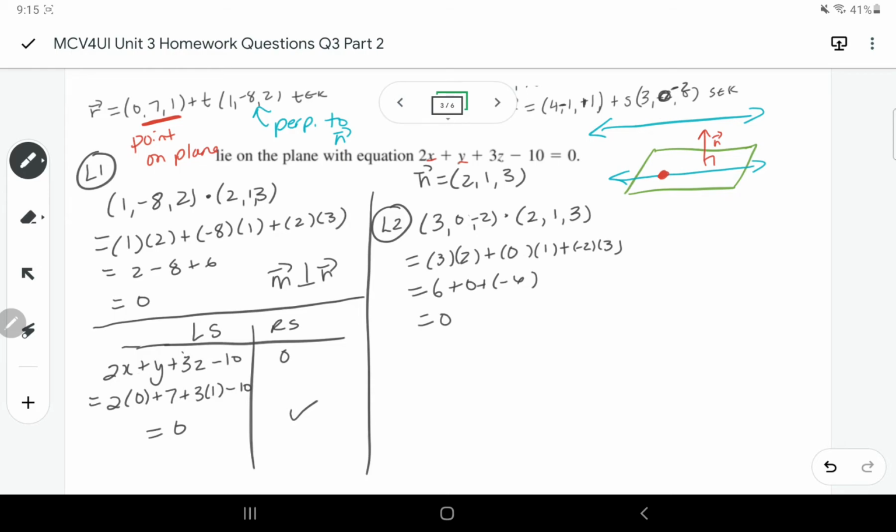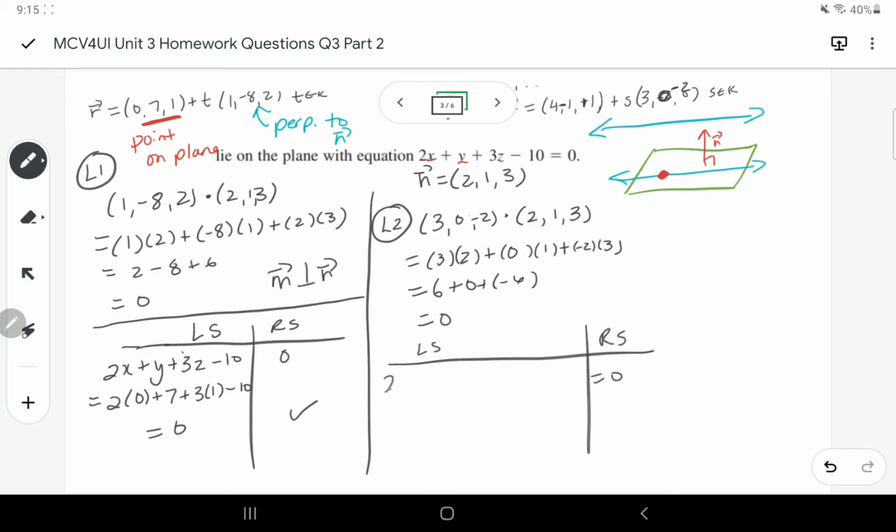And then we can also double check that the point is on the plane. And I will left side, right side this again. So the right side is just 0.